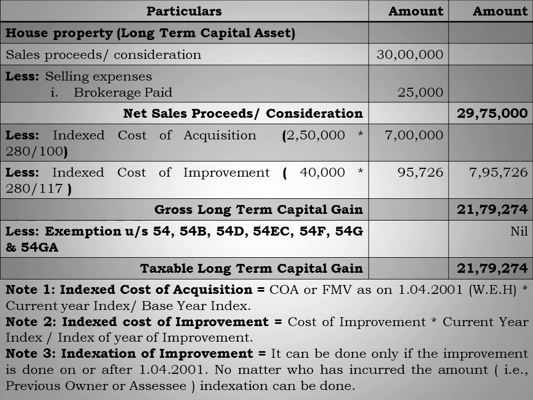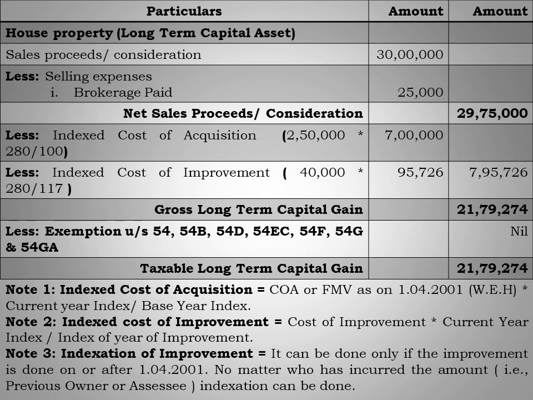That's why I have made the clarification in note number 3, that is the indexation of the improvement. Okay, so it can be done only if the improvement is done on or after 1st April 2001, no matter who has incurred the amount, whether the improvement is made by the father or by the son, that is the past owner and the taxpayer.